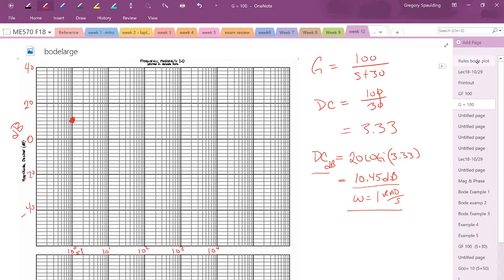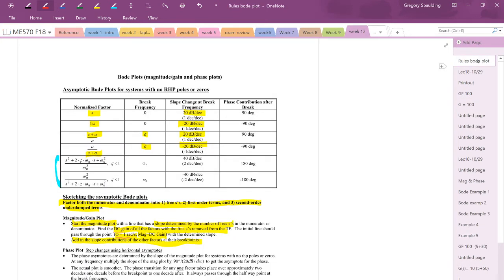Now, go back to our rules in here. We need to figure out the slope of the line. We've got a point. Now we need to figure out the slope as we start moving through here. And our initial slope is determined by whether we have any free s's or not. If we have no free s's, then our initial slope is 0.